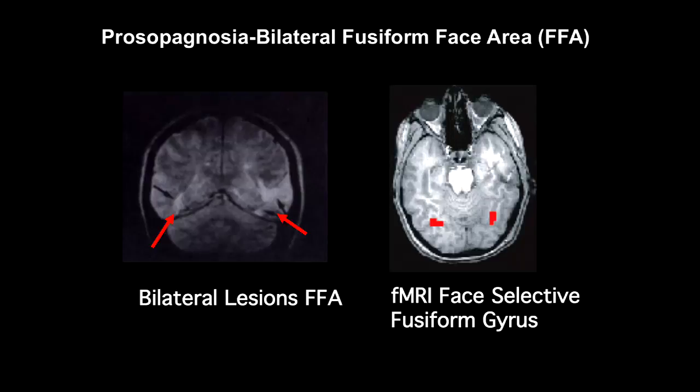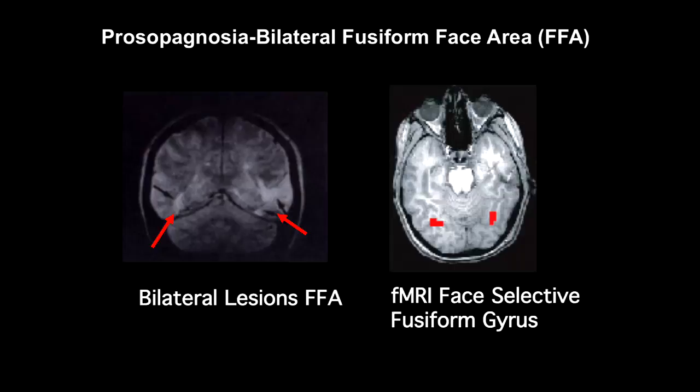So here's a patient with an infarct here, and a patient with an infarct here, usually bilateral. This is a coronal section, so remember your axial, sagittal and coronal sections. These are typically lesions in the distribution of the posterior cerebral artery, in the inferior part of the temporal lobe.